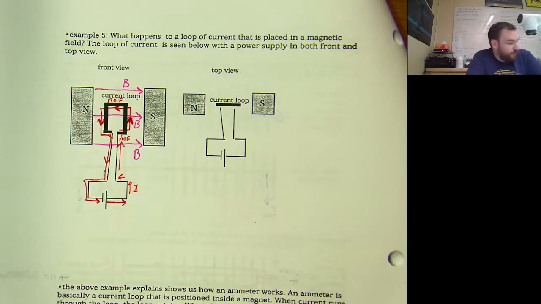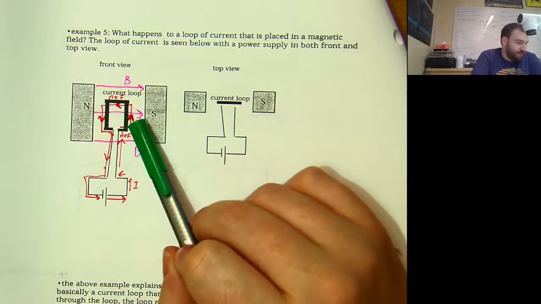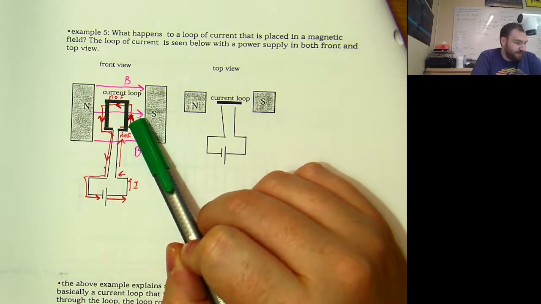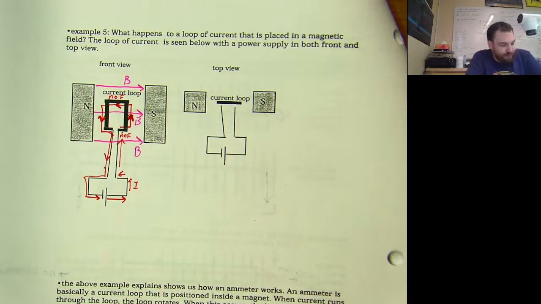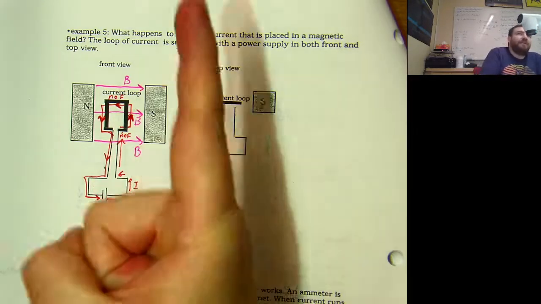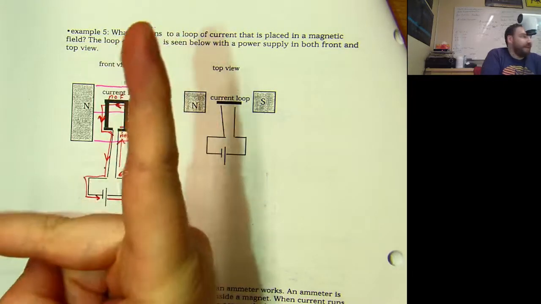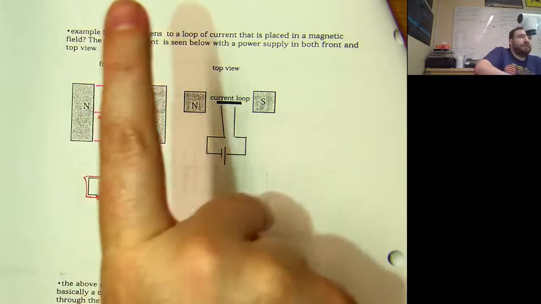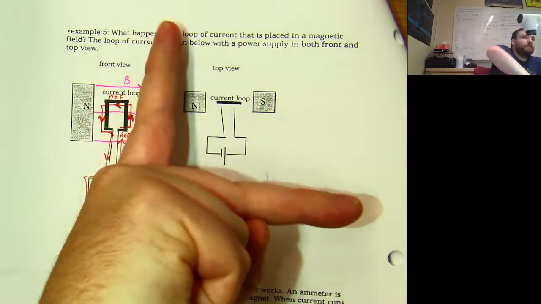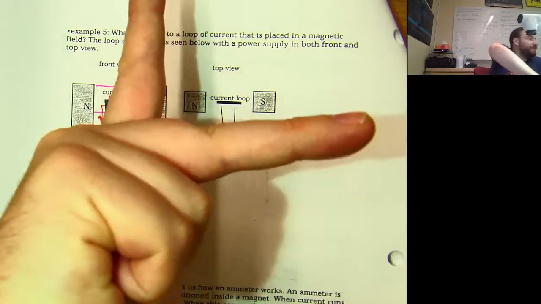So which side's going up, which side's going in? Want to run that one more time? Right-hand rule that again. Okay, so we're going to right-hand rule this. Pointer finger in the direction of the current. Magnetic field is my middle finger. My thumb is the direction of the force.